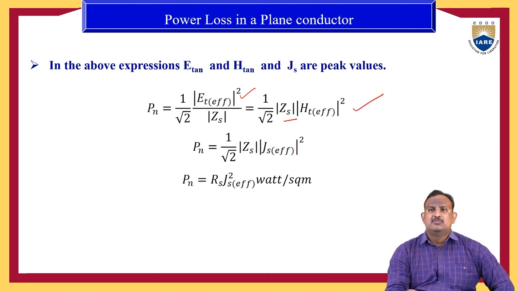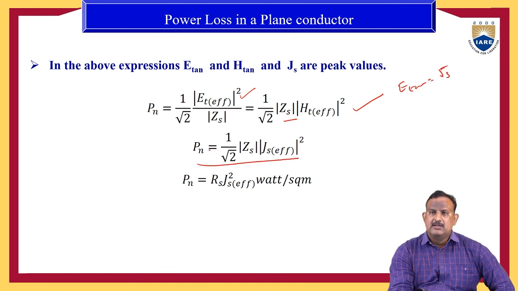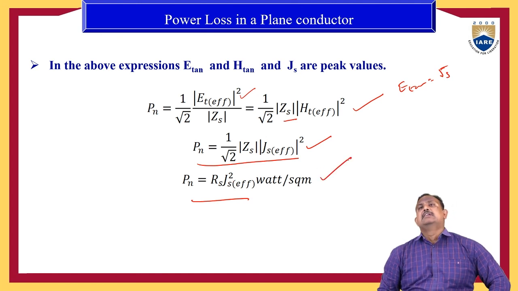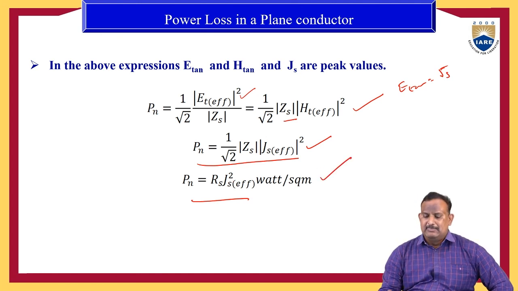In place of H tan, we can write Js. Therefore, Pn is equal to 1 by root 2 into mod Zs into Js effective square. Or in terms of resistance, in place of impedance, writing the resistance value, Pn is equal to Rs into Js effective square, watts per square meter. So this is about the power loss in a plane conductor.